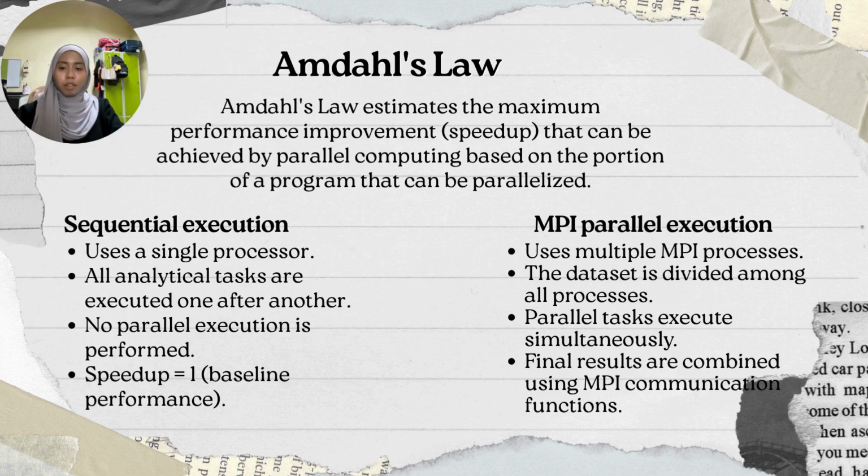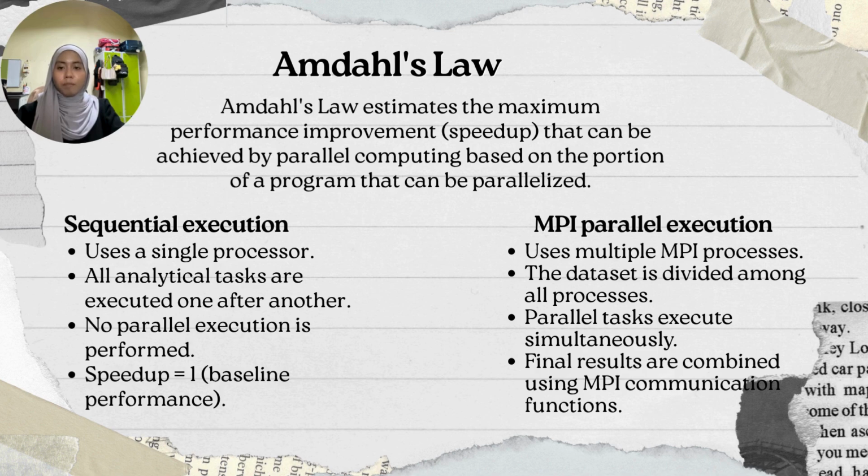For MPI parallel execution, it uses multiple MPI processes. The dataset is divided among all processes. Parallel tasks execute simultaneously, and the final results are combined using MPI communication functions. For the application of Amdahl's law in our project, for sequential, one processor executes all 6 analytical tasks, with longer execution time for large datasets.